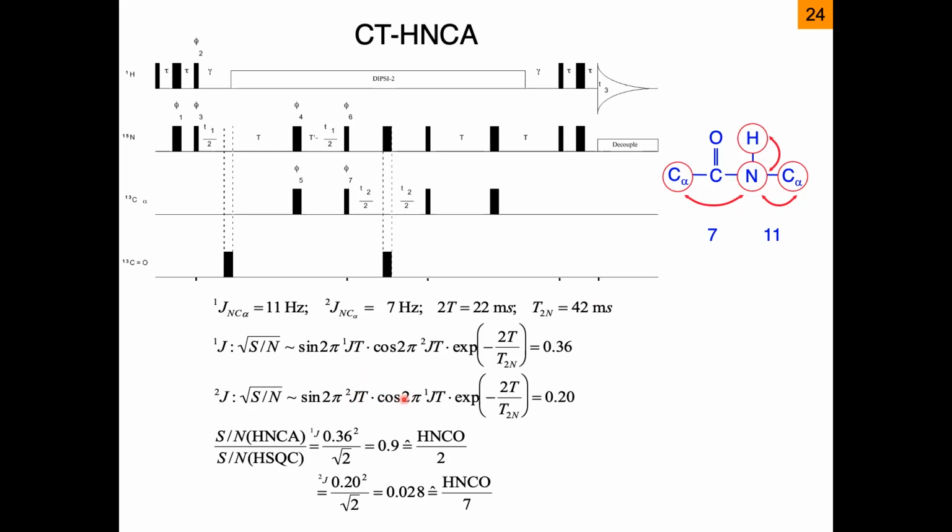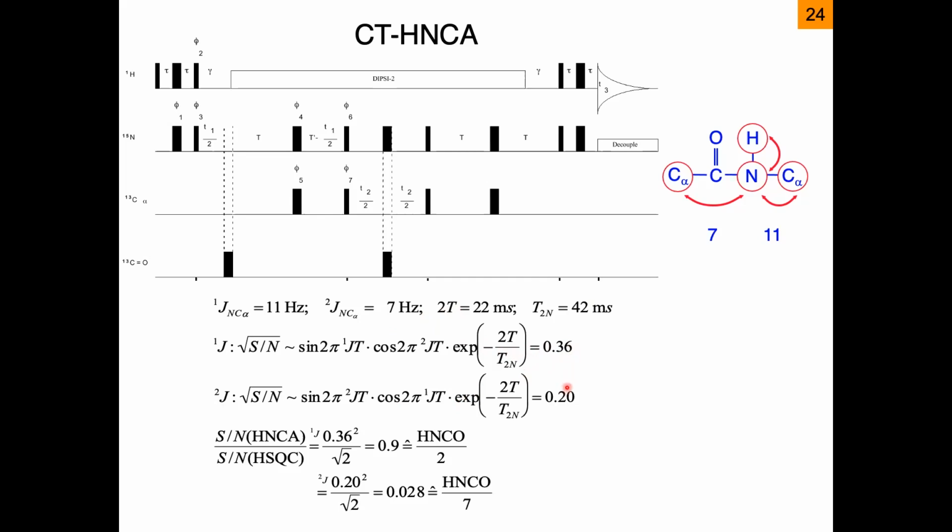And in this case, with all the numbers that I used before for the relaxation times and so on, we would get a signal to noise of about 0.36, or a factor of 0.36 relative to the HSQC, I think, in this case. And for the 1-bond coupling, and 0.2 for the 2-bond coupling.